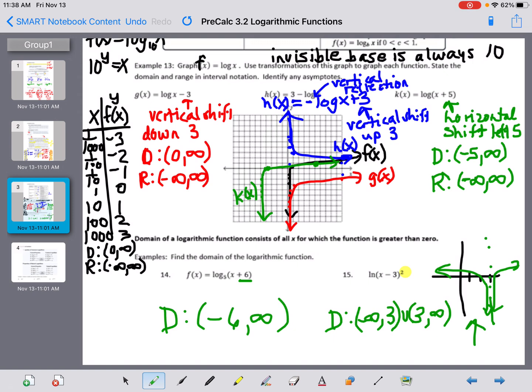This is only if it's squared do you have a double, a union of the two, okay? So if we have on 14 just the normal, you're simply looking at that value that's changing your domain, and that's all you're going for. But if you are in anything squared, you have the double, okay? Not necessarily going to throw that to you a lot, but I'm just throwing it out there as an example. Okay, 4th page.